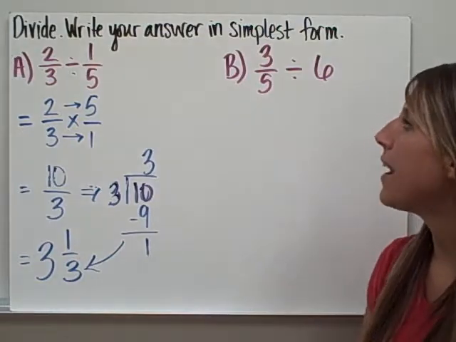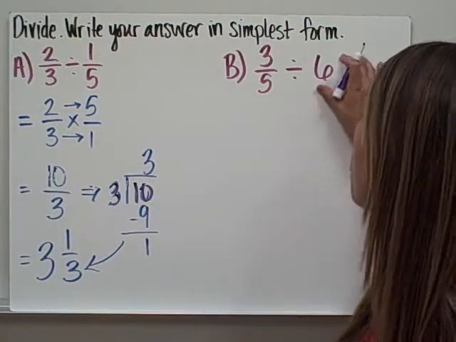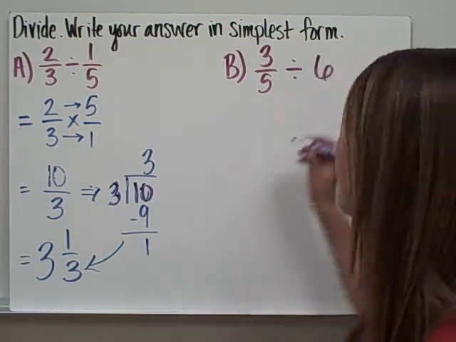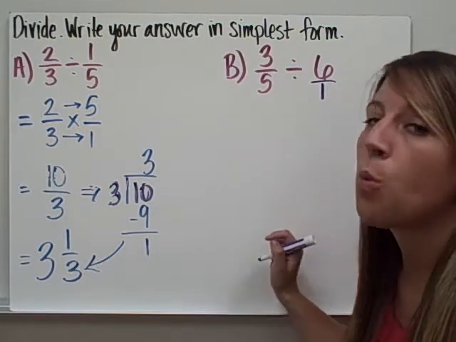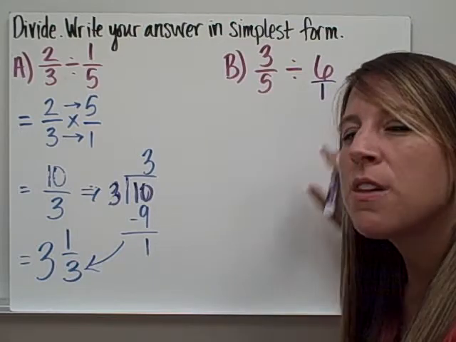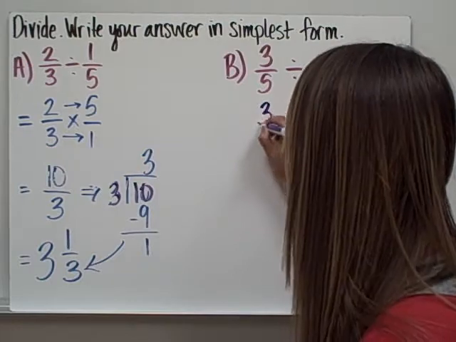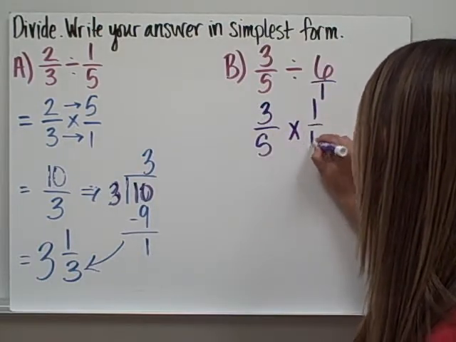So let's try this one. I have 3/5 divided by 6. Well, I know when I'm working with 6, if I want to work with it as a fraction, I simply put that number over 1. So now it's 3/5 divided by 6 over 1. I want to multiply by the reciprocal. The reciprocal of 6 over 1 is going to be 1/6. So I will change it to 3/5 times 1/6.